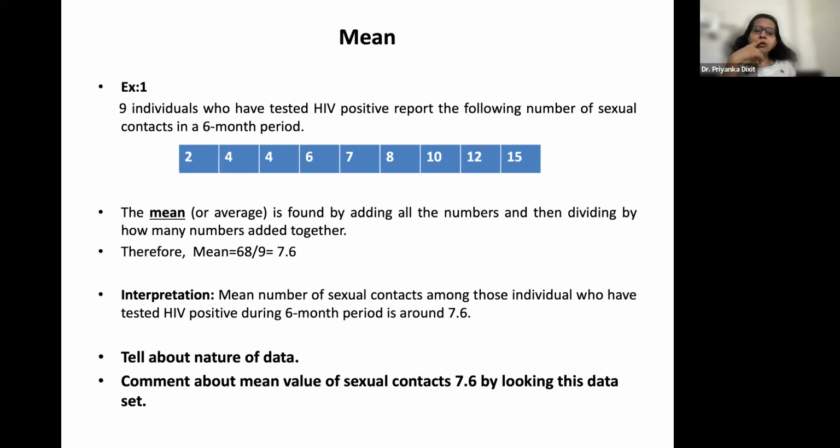Can we apply mode if the data set is in categorical form? Mode we can always apply, because in mode we have to check which code is coming repeatedly, whether it is a continuous value or a code.